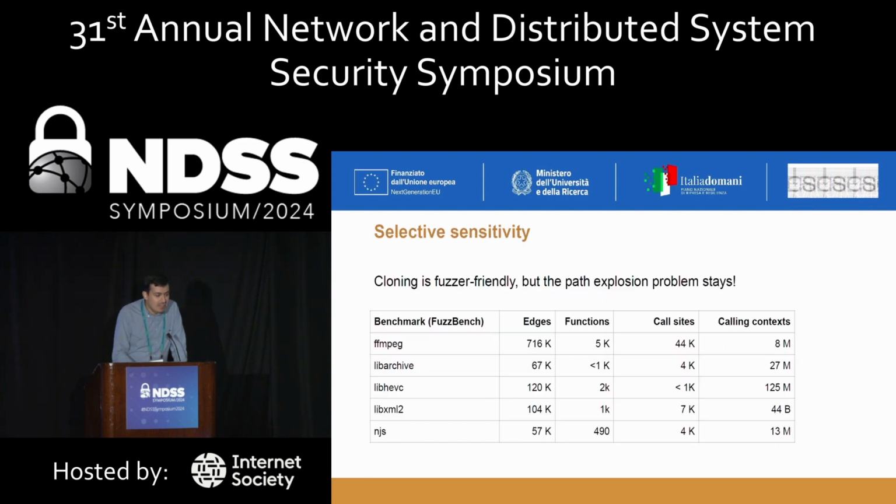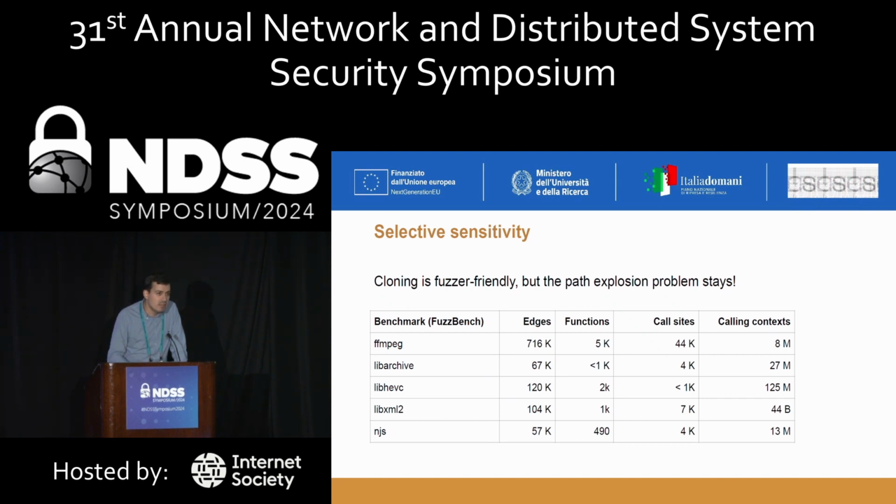Let's say that we have a solution for the first problem, but we still have the problem that there are too many paths, and this feedback is very fine-grained. Calling contexts, it is a well-known fact that they are really, really many. Sometimes they are exponential in the size of the call graph, and you have a lot of edges in code.